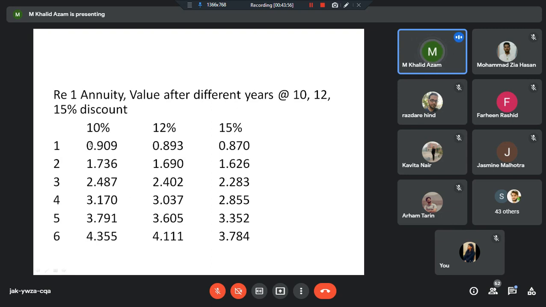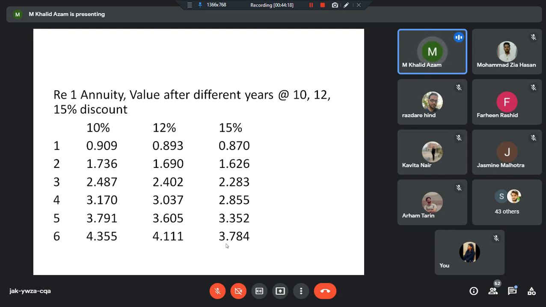When you increase the period, the value is going to reduce. So for 6 rupees received, at 10% discount 4.355, at 12% discount it has reduced further to 4.111, at 15% discount it has reduced further to 3.784.